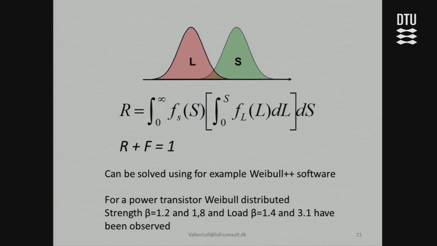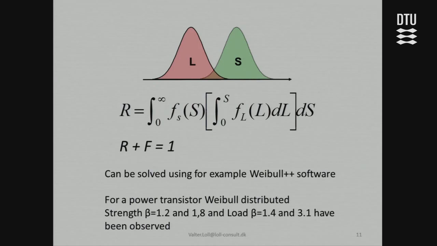And the load will vary according to the user, the climate, the environment, and things like that. And if there's an overlap between those two functions, you will have some failures where the load is larger than the strength. And you can calculate the reliability as this double integral. And when you know the reliability, you can find the failure probability because they add up to 1.